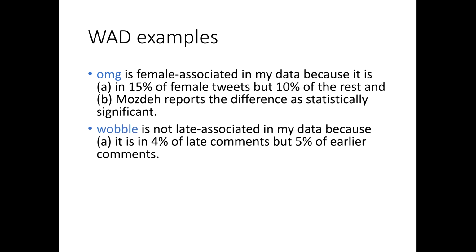In contrast, wobble is not a late associated term in my data because it's in 4% of late comments, but 5% of earlier comments. So it's not late associated. It could be early associated possibly, but it's definitely not late associated because it's rarer in the later comments.